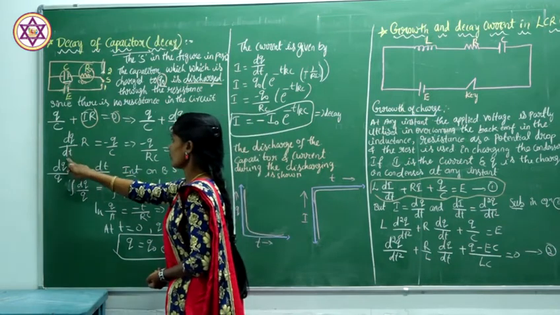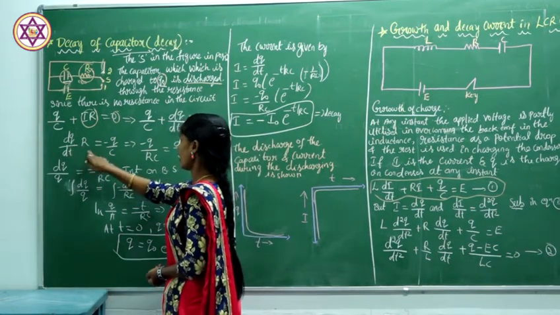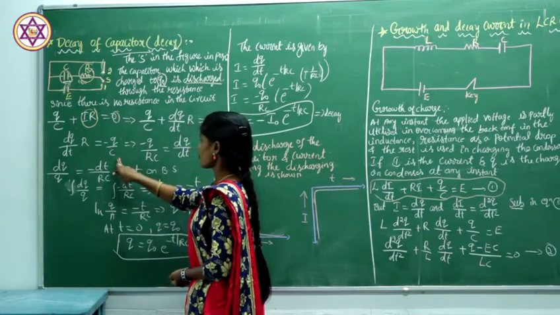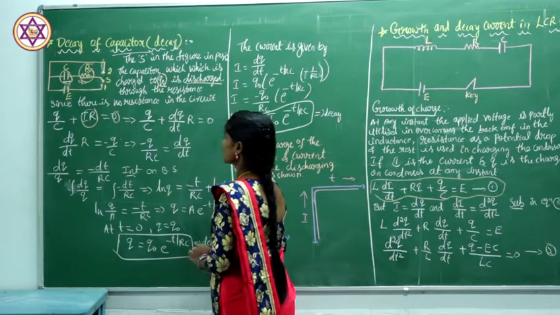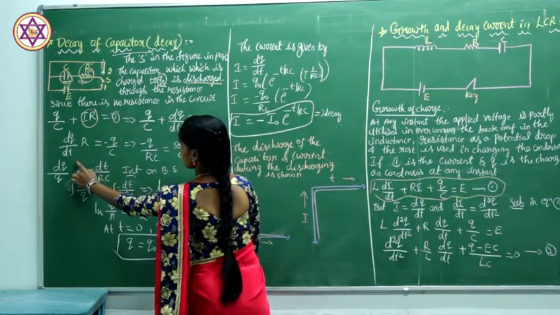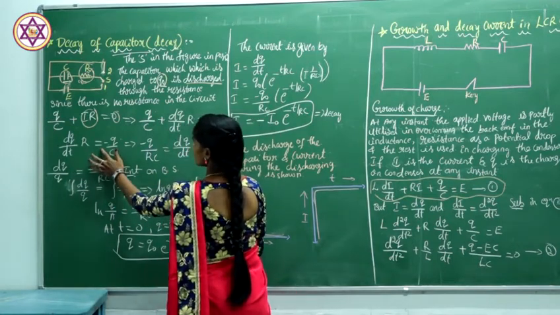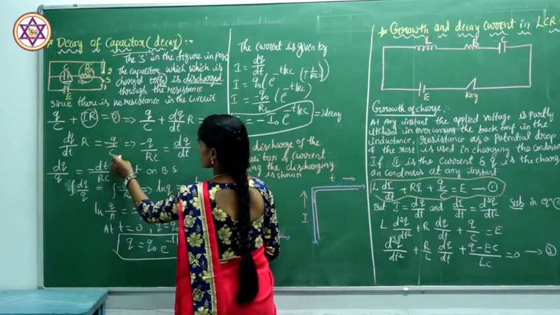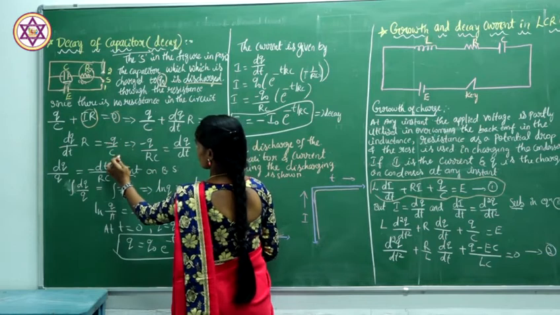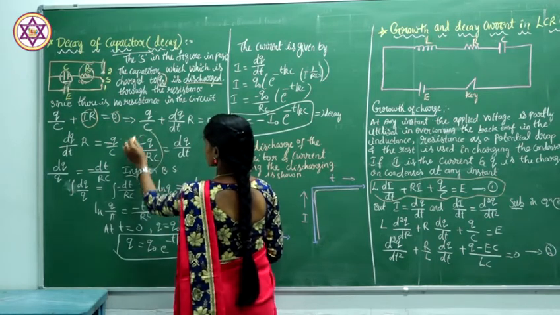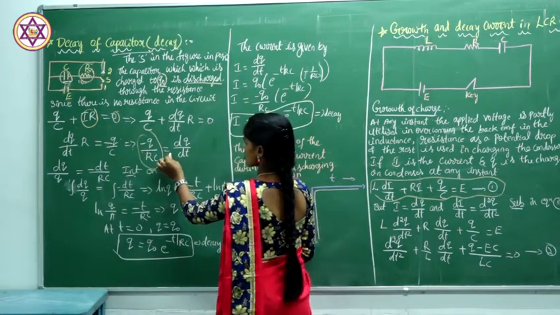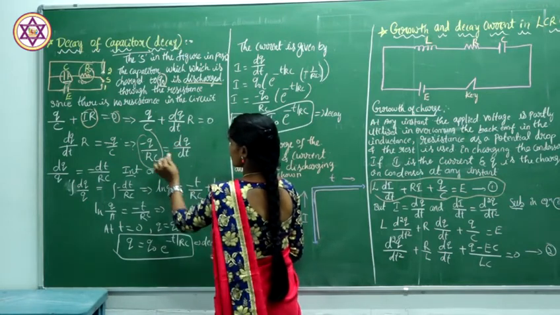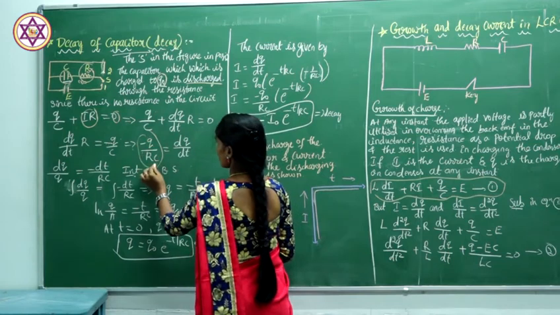Rearranging the terms, dQ by dt into R is equal to minus Q by C. So we can write dQ by dt is equal to minus Q by RC.